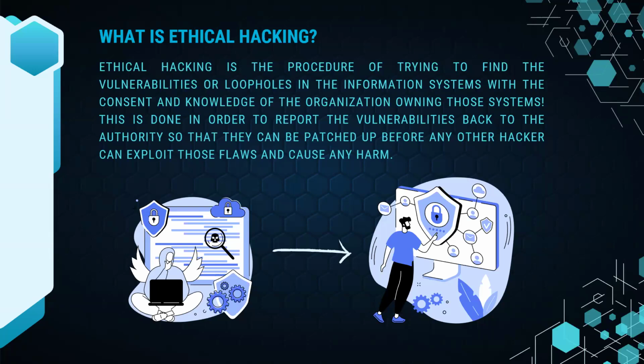And once these security updates or patches are applied, you're preventing any other hacker from causing any further harm or any such cyber threat. So you're trying to protect the organization from these so-called hackers by finding the vulnerabilities first and remediating them or patching them up. That's what ethical hacking is, preventing hacking from occurring on an organization by finding the loopholes and repairing those loopholes.